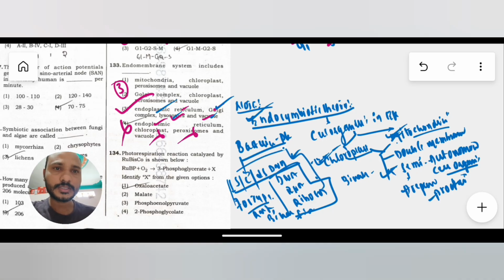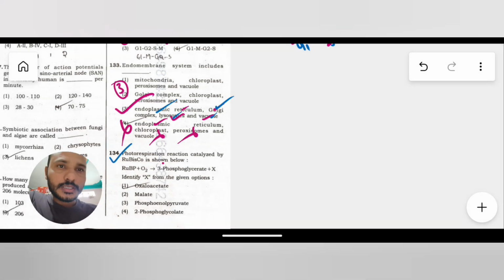Okay, right. Then we move on to another MCQ, that is 134. Next, 134 is about photorespiration, the C2 cycle catalyzed by Rubisco, shown below. So here the question is RuBP plus oxygen. RuBP is a 5 carbon compound.